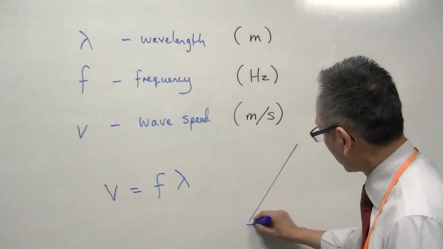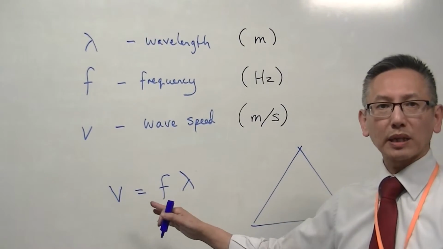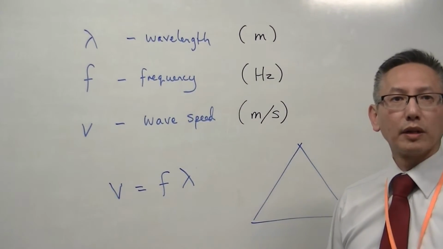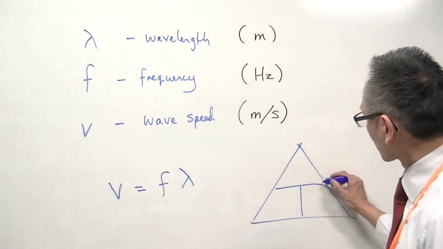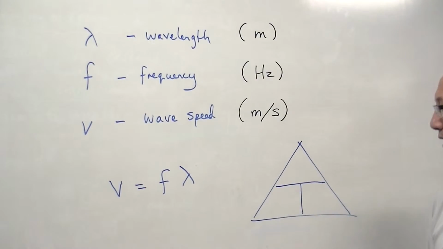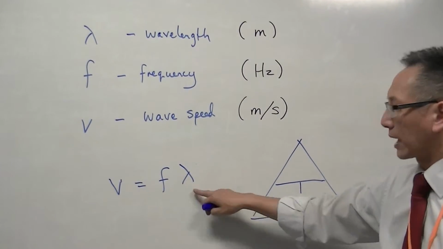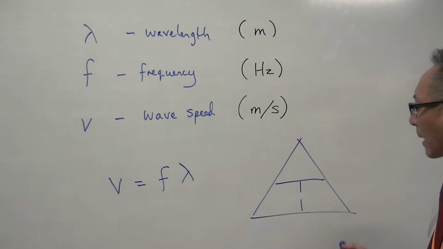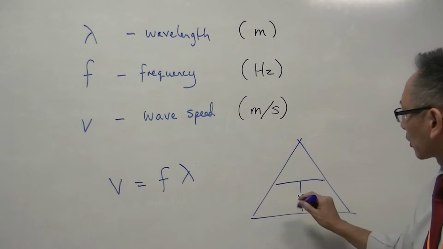Some people, in some questions, will give you two of these terms and ask you to work out the unknown. The way to do that is to use one of these triangle boxes where the terms go in. Because these two, the f and lambda, the frequency and the wavelength, are basically multiplied with each other. They belong in the two boxes down here.